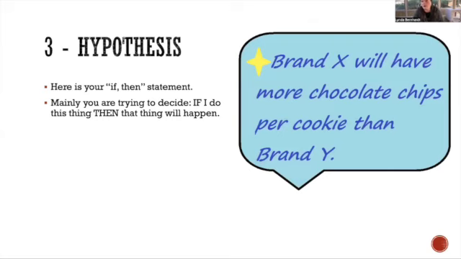Then you come up with your hypothesis. Your hypothesis is an if-then statement. The little info thing, the picture I have over there, please note that it has the wrong grammatical part. It should not be T-H-A-N. It should be T-H-E-N because it's comparison, not in order. So hypothesis contains the words if then.